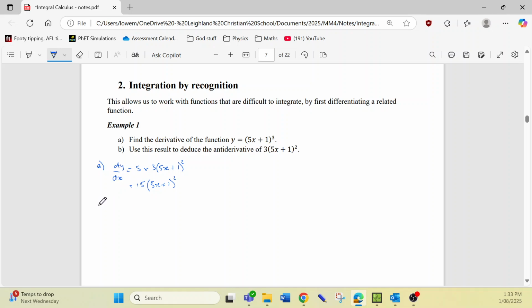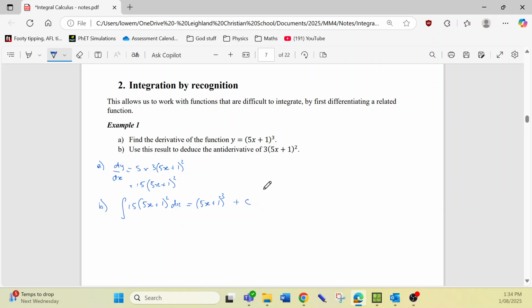So for part B, we're going to just go straight from this previous derivative and say, well, if that's the derivative, then the antiderivative of 15(5x + 1)^2 with respect to x will be what we started with, which is (5x + 1)^3, and of course we're going to put a plus c on the end.